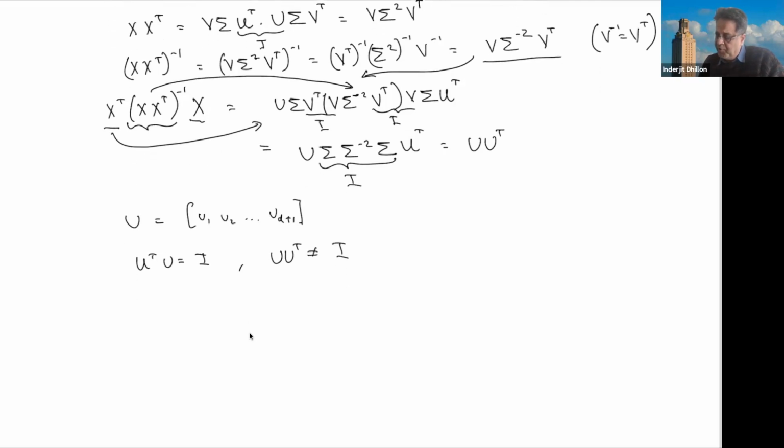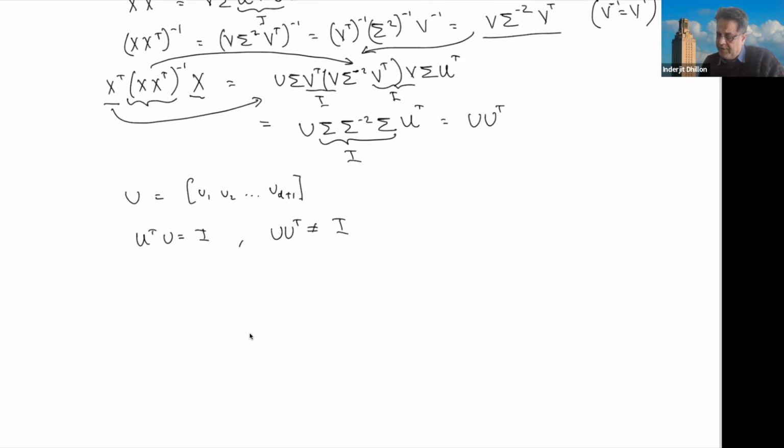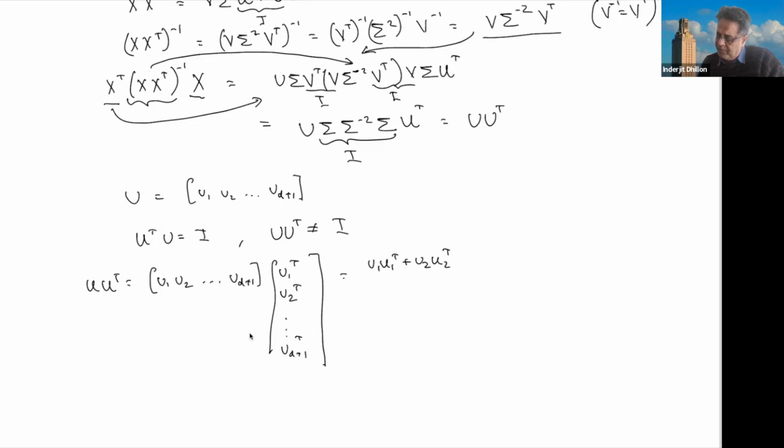And if you think about what UU transpose is, UU transpose is U1, U2 to UD plus 1 times U1 transpose, U2 transpose, UD plus 1 transpose. It's actually equal to U1 U1 transpose plus U2 U2 transpose plus UD plus 1 UD plus 1 transpose.